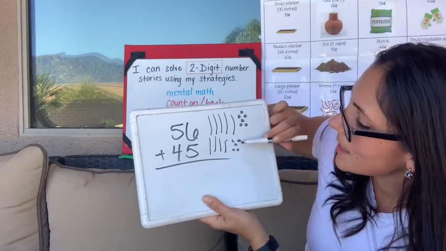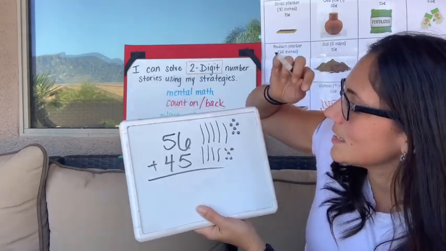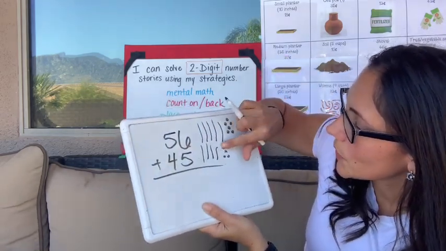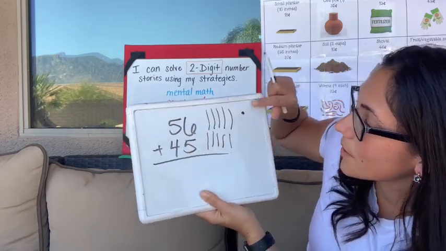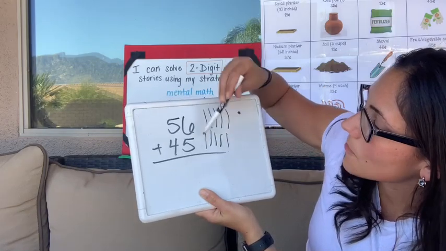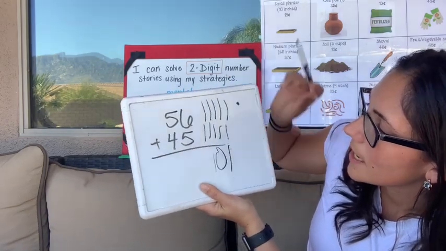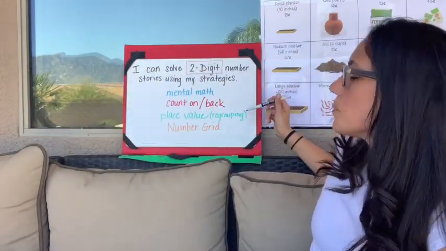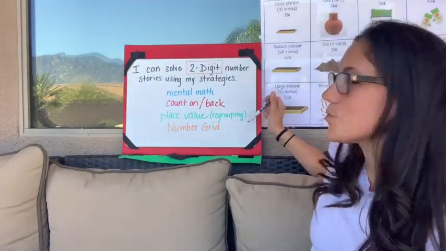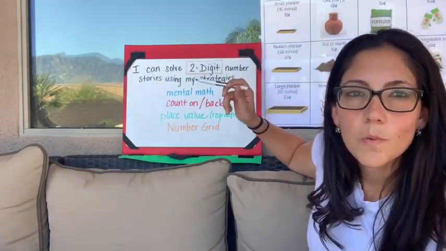I have 6 and 5. Well, that's 11, and I know that I can go ahead and turn 10 of those into another 10, and now I have 10 tens and 1 one, 101. So that's the regrouping or place value strategy. It also works for subtraction. You just have to take away your ones and your tens.